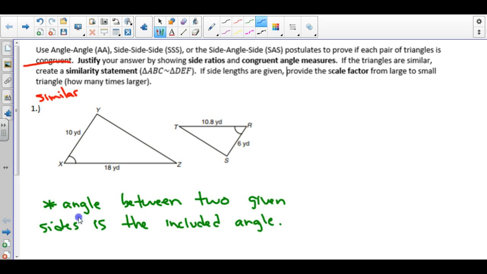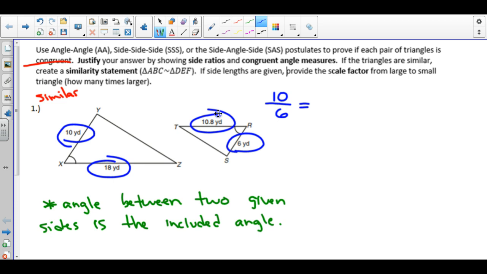So I'll quickly show you how to prove that these are or are not similar. So what I'm going to do first is take the corresponding sides, which in this case it looks like the 10 yards from XY is going to correspond to RS, which is 6. So I'm going to take 10 divided by 6, and I'm going to set that equal to the other two, which would be the 18 and the 10.8.